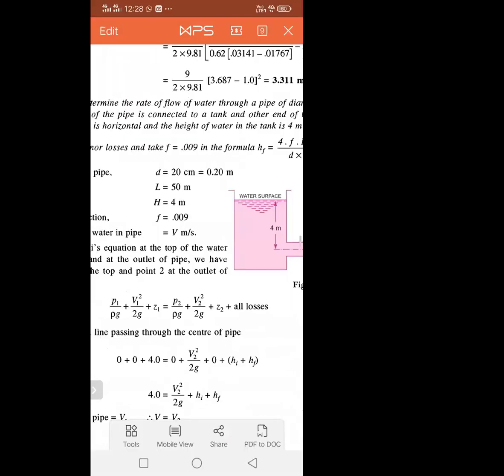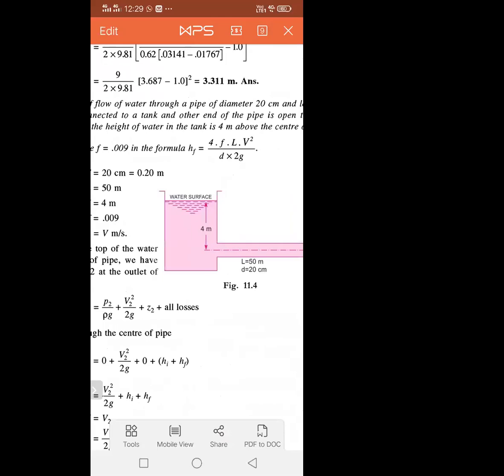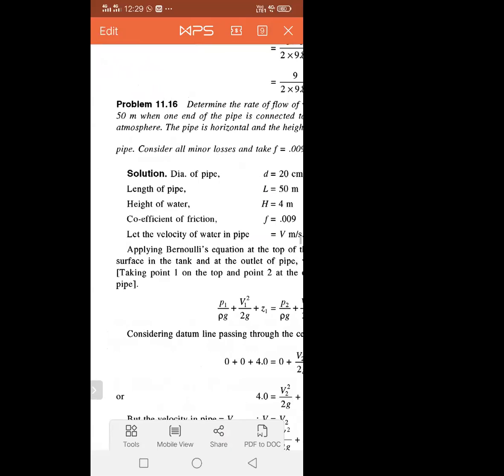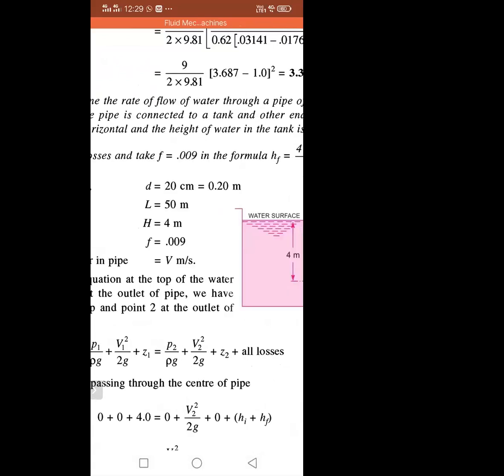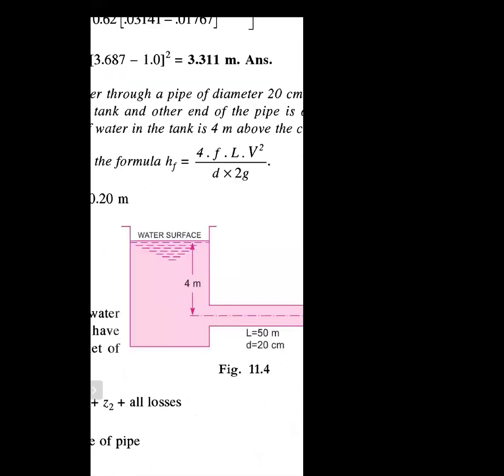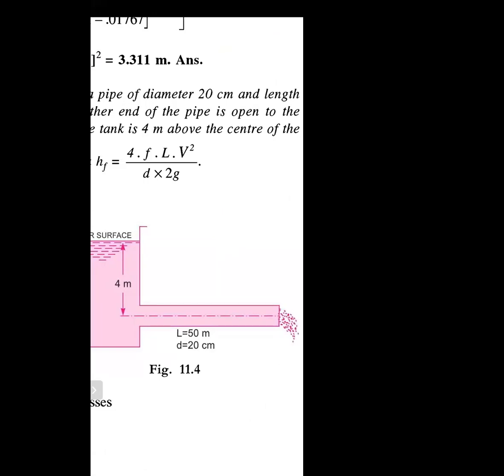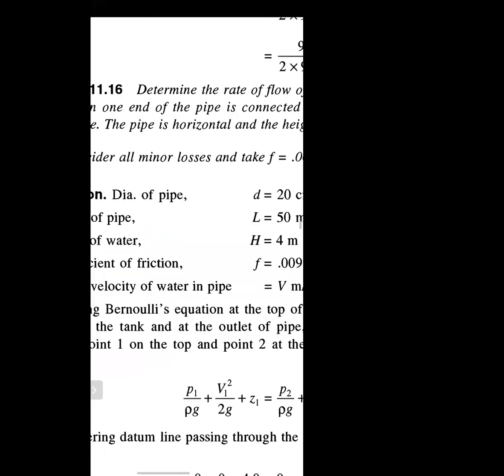Then another type of problem is there. Determine the rate of flow of water through a pipe of diameter 20 centimeter and length 50 meter, when one end of the pipe is connected to a tank and the other end of the pipe is open to the atmosphere.